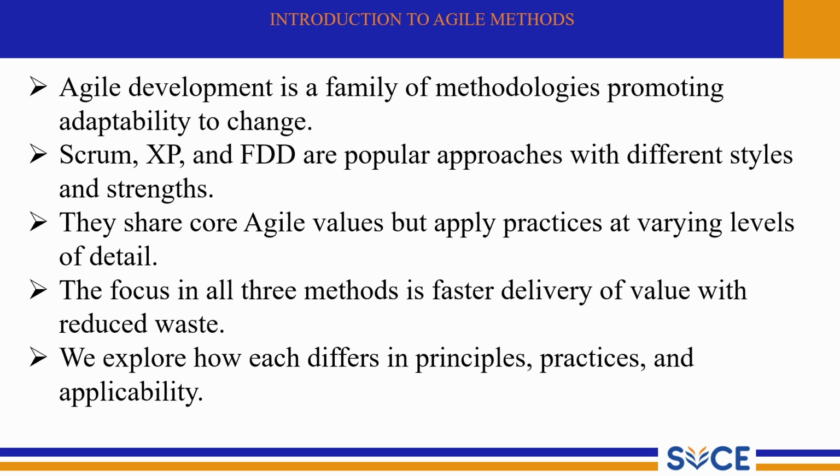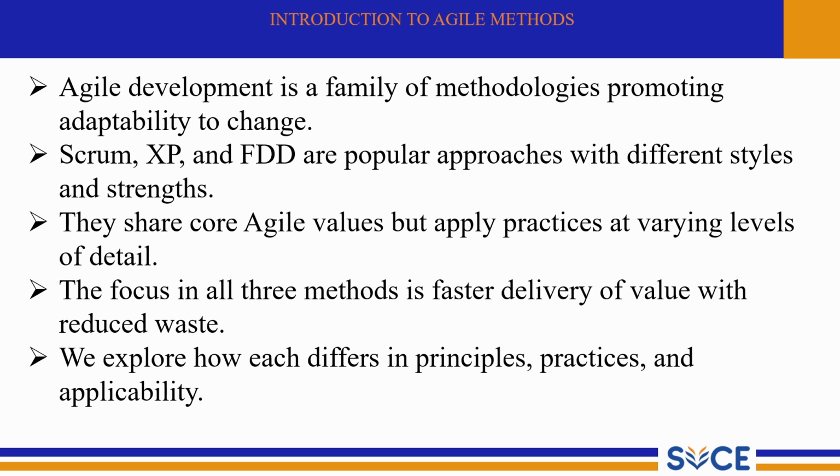It emphasizes technical excellence, continuous testing and practices like pair programming. And next one is FDD, that is Feature Driven Development. It organizes work around building features, strong in structured design and documentation. Each has unique strengths but serves the agile philosophy.